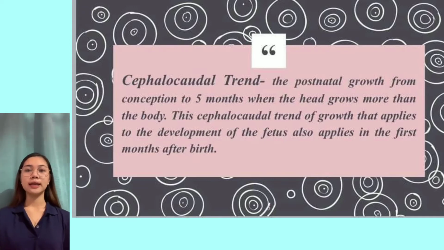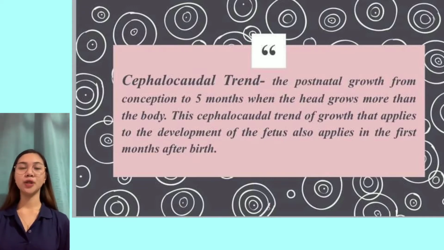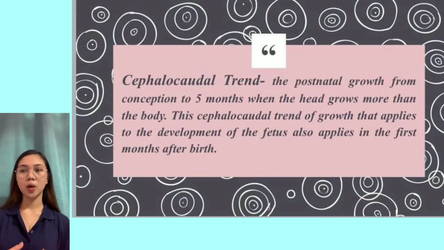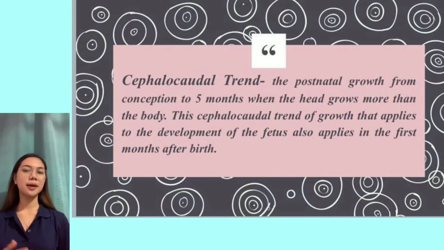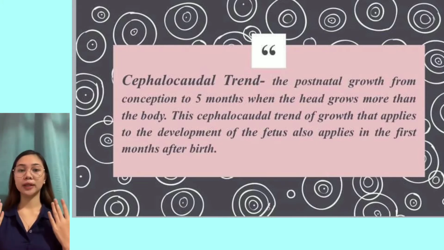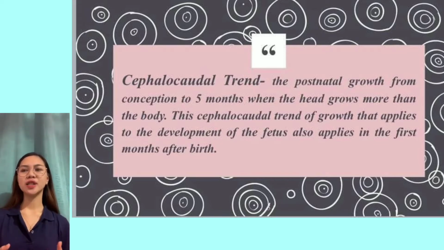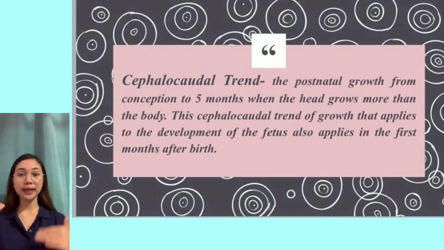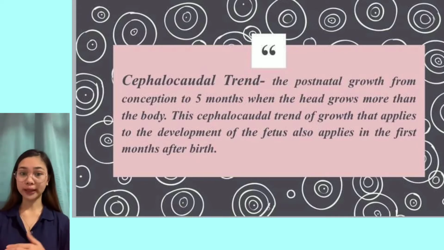So, cephalocaudal refers to the pattern of changing spatial proportions over time during growth. One example of this is the gradual change in head relative to the body size during human growth. Infants learn to use their upper limbs before their lower limbs.